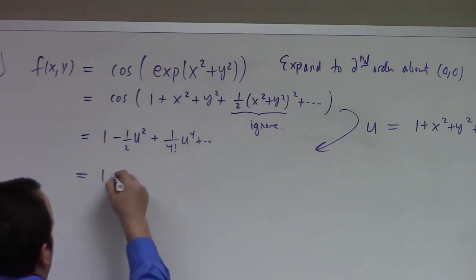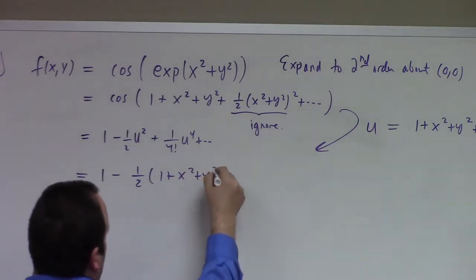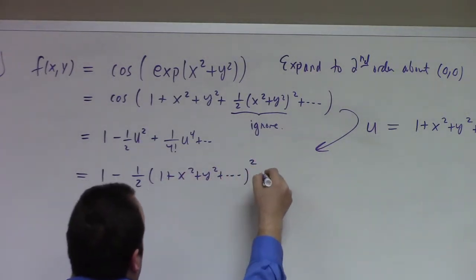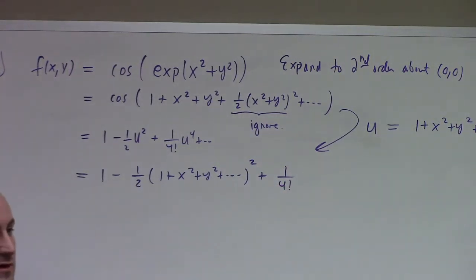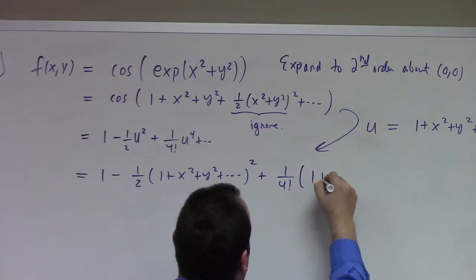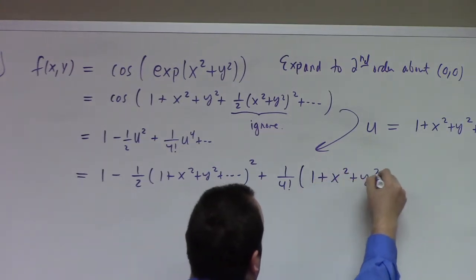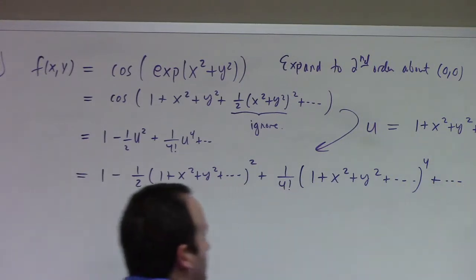So you'd have 1 minus 1/2 of 1 plus x squared plus y squared plus dot dot dot squared, right? Plus 1 over 4 factorial of 1 plus x squared plus y squared plus dot dot dot to the 4th power, and so forth and so on.